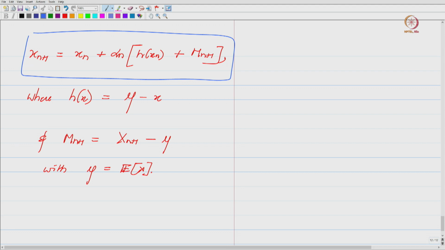We only have to interpret what h(x) and M_{n+1} mean for this specific algorithm that we designed.